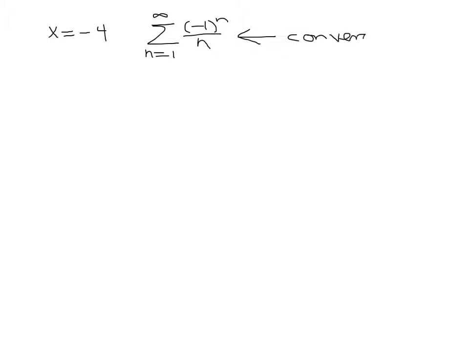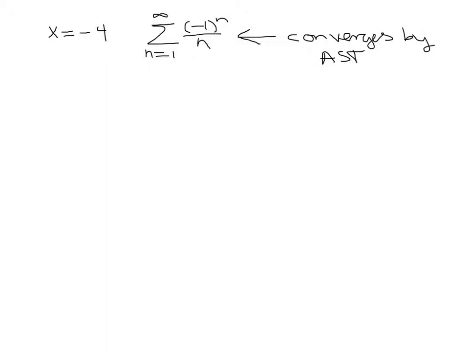Next, let's test the individual endpoints, negative 4 and negative 2. So if x is equal to negative 4, your series becomes the sum from n equals 1 to infinity of negative 1 to the n over n, which you know converges by the AST.